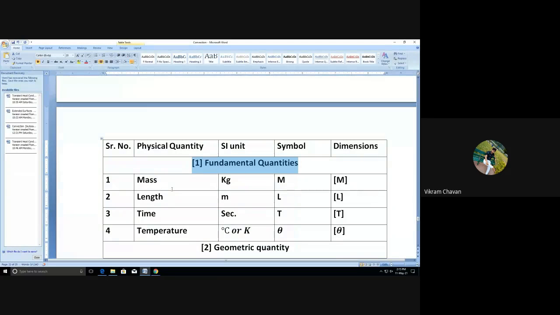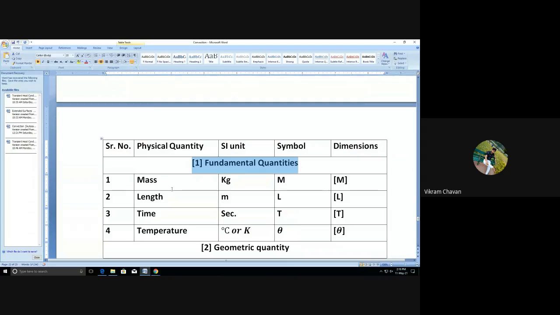Then the second one, length. SI unit is meter, and SI unit symbol is small m. Symbol is capital L. Dimension symbol is capital L. Then dimensions of length are only L. Then the third one is time.